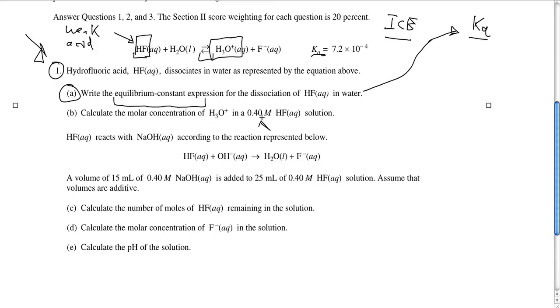So this here is the question mark, and this here is going to end up being X. When you do this problem in your ice table, you have Ka, you have the question mark, and you are going to solve for X. In order to do this, you have to do a square root.